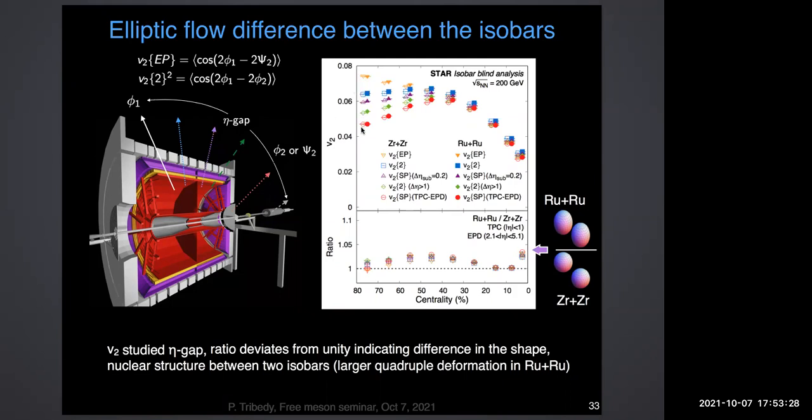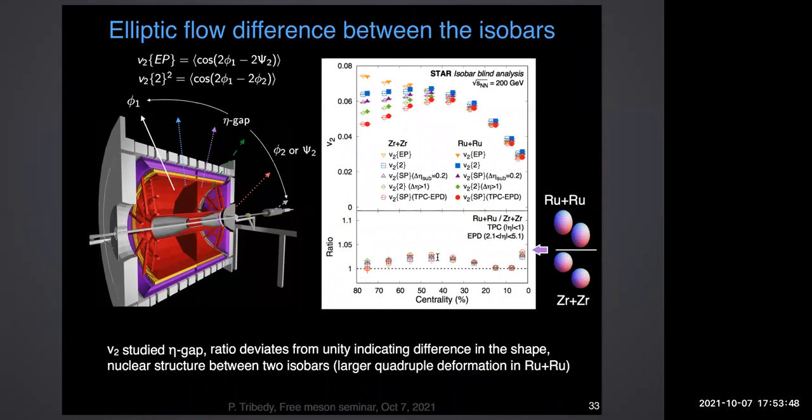As you increase the gap in rapidity between the 2 particles, it goes down. In peripheral events, the difference is stronger. Towards central events, they are more or less consistent. So different methods, right?